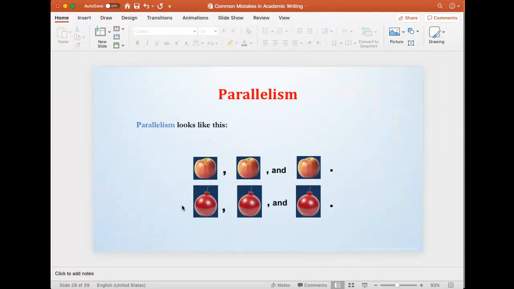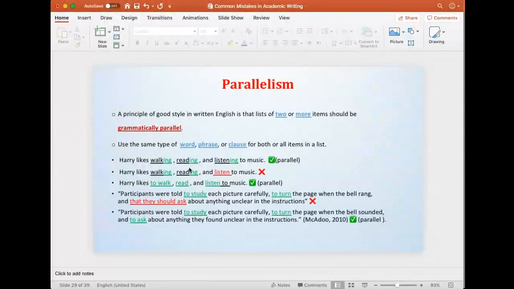When you mention a list in a sentence, each of those items should be the same. Use the same type of word, phrase, or clause for all items in a list.